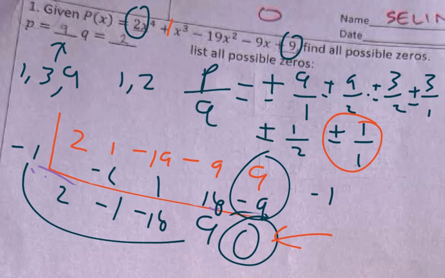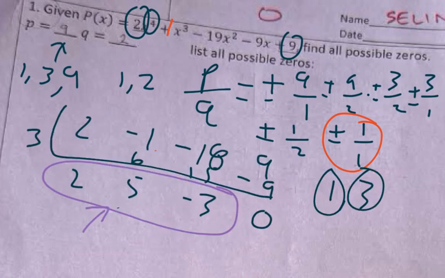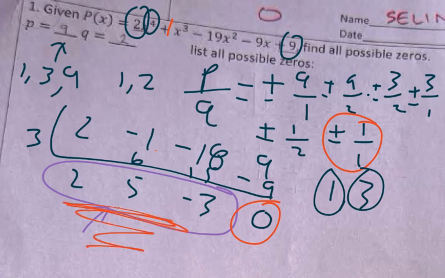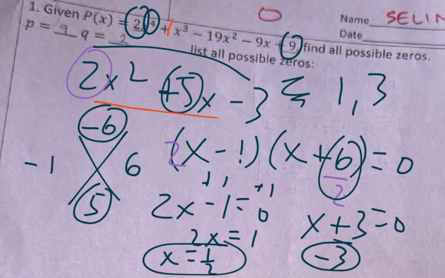Now, once we get a 0, just do what's left over with your synthetic, so it saves you a little bit of time, okay? And we were able to get lucky, at least I was. I guessed 3, and I got 3 right. I got another 0. And now I realize I had only 2 roots left, right? So this here had to be a quadratic. So as a quadratic, I factored it. And I was able to solve it. And that is number 1 in a nutshell.